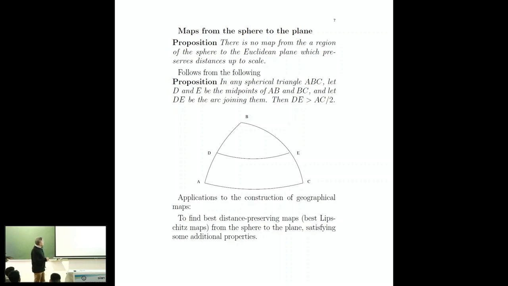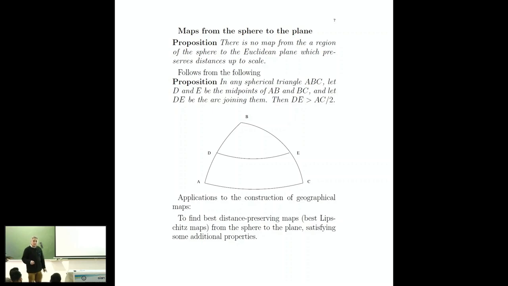So we start with this proposition. Let's start with this one here, the second one. I take a spherical triangle ABC. I take D, the midpoint of this side AB, and E, the midpoint of this side BC, and I join them by a shortest arc, a geodesic. The theorem in spherical geometry tells you that DE is strictly less than AC.